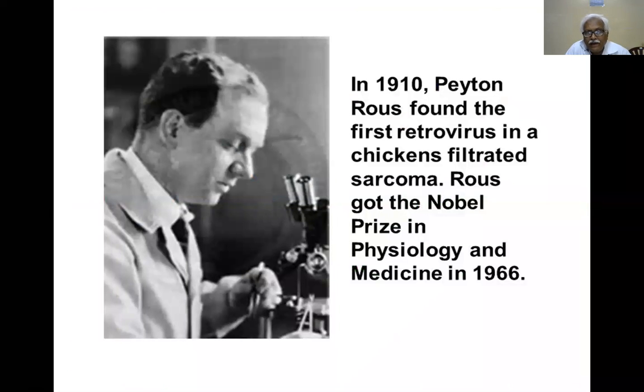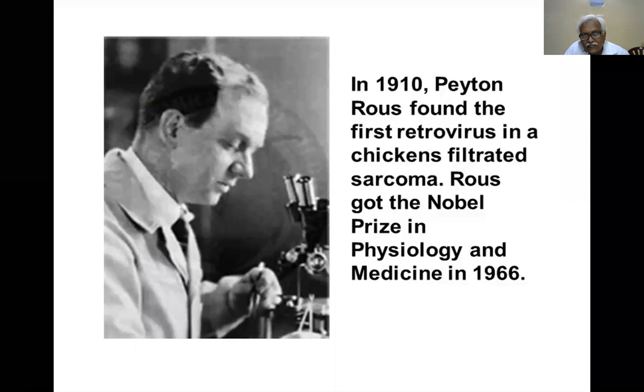In 1910, Peyton Rous, in good olden days with a small available microscope, found the first retrovirus in chickens' filtered sarcoma. The chicken used to have a big sac-like growth affecting the neck region, and that was quite common. Nothing happens to the chick.